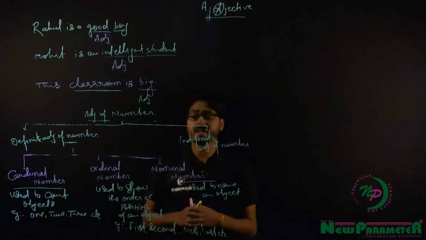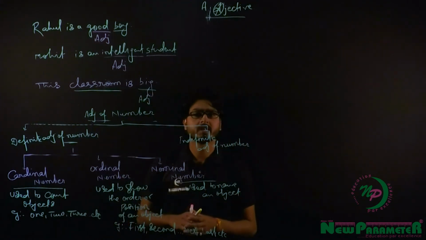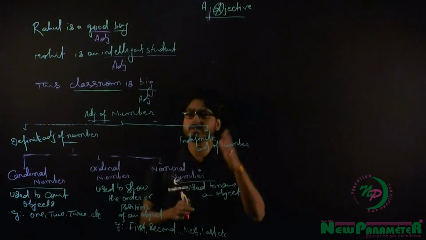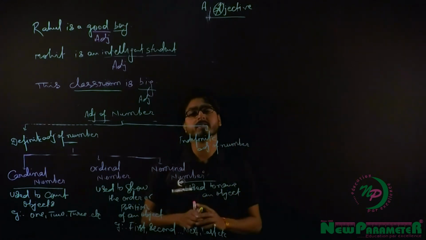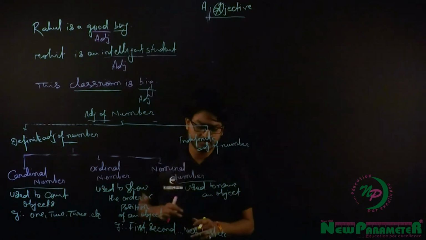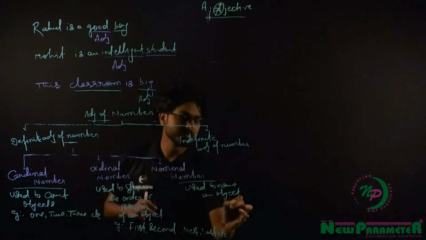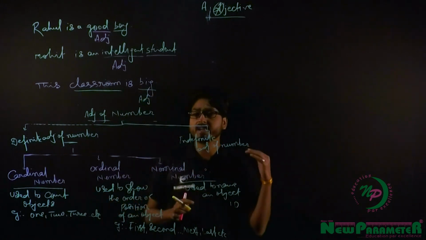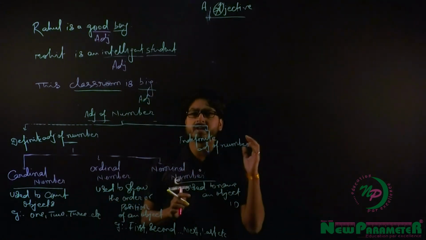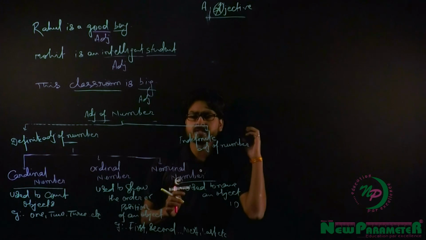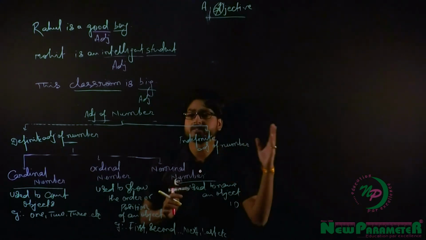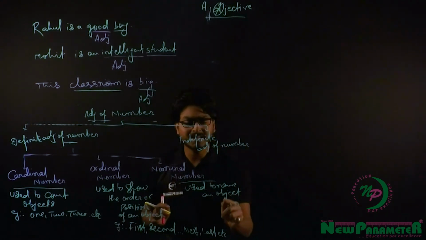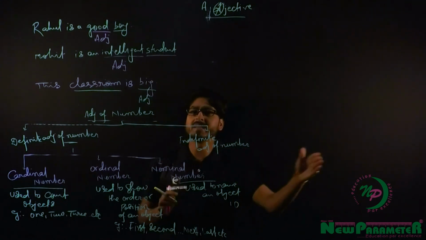I hope you also know the number of the T-shirt which Sachin Tendulkar used to wear. Yes, you know very well, that is number 10. So if I say in cricket the T-shirt number 10, the name that comes to our mind is Sachin Tendulkar. So this number has been used to name a person.